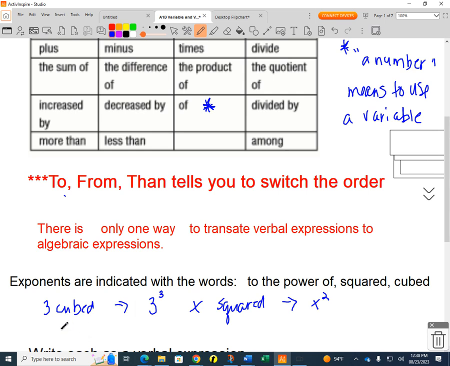If I have y to the power of 4, or whatever number, y is my base, and 4 is my exponent. Y to the power of 10 is y with an exponent of 10. Y to the power of 100 is y with an exponent of 100. Does that make sense? Okay.